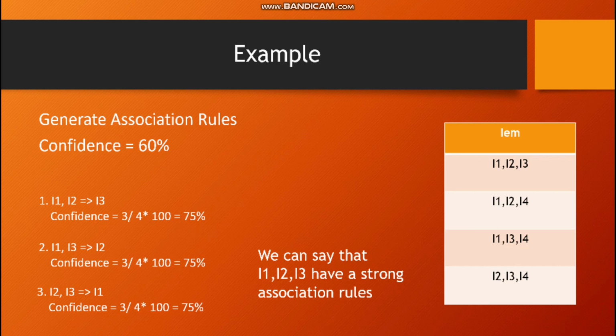By putting in the values, if confidence is less than 60%, then we say that the items are not highly associated. Here you can see all 3 are greater than 60%, so we can say that these 3 items are highly associated with each other. So that's how the Apriori algorithm works.